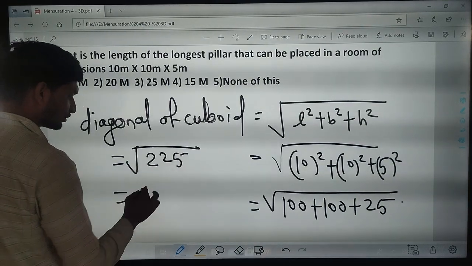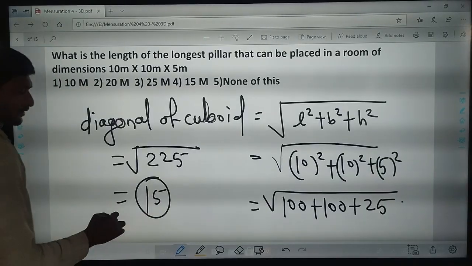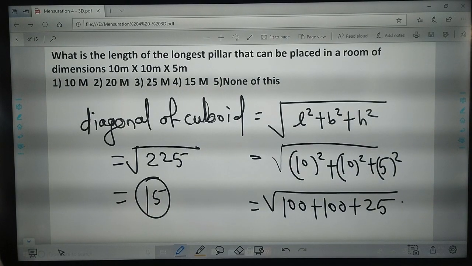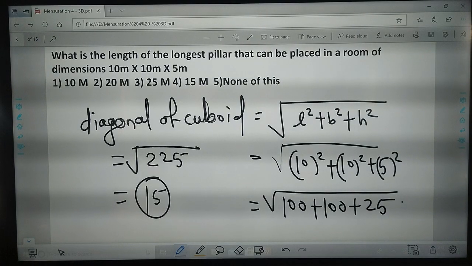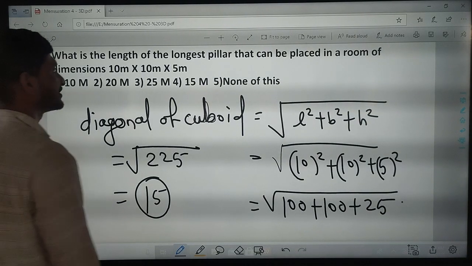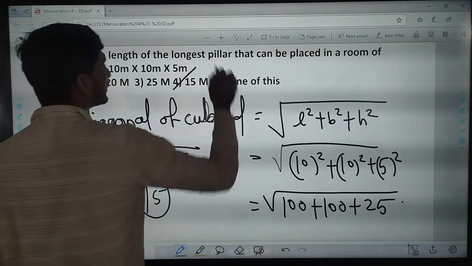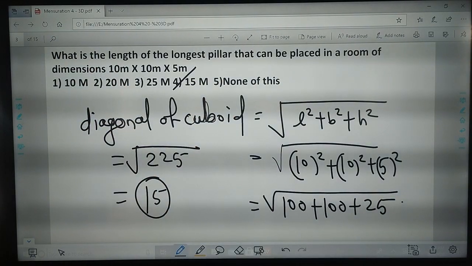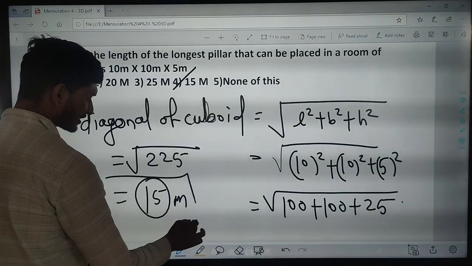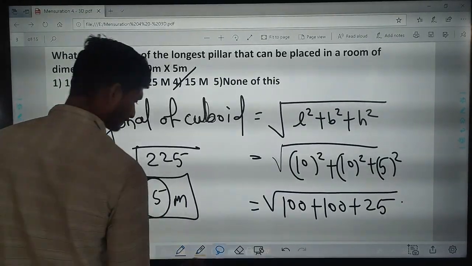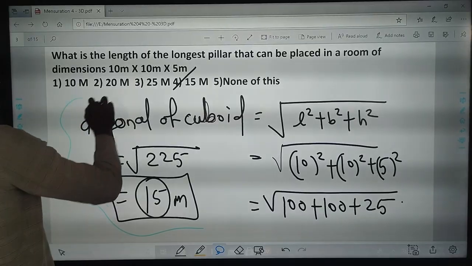By taking the square root, your answer is 15. Then the length of the longest pillar that can be placed in a room of this dimension is 15 meter.